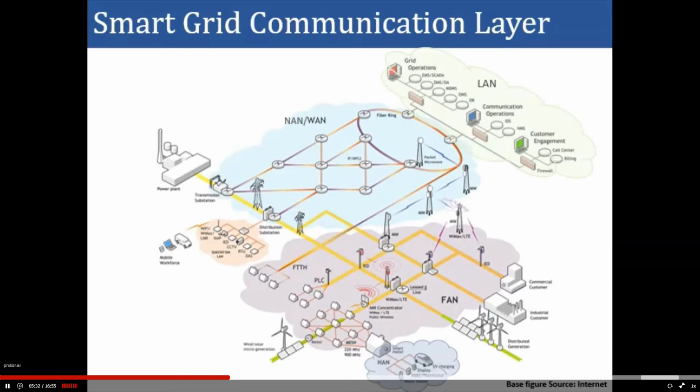Other possibilities are that houses can be directly connected to optical fiber, or we can use PLC, that is power line communication, for sharing the data. So the communication layer contains multiple possibilities of sharing the data. It depends upon what kind of technology we are utilizing at which level.